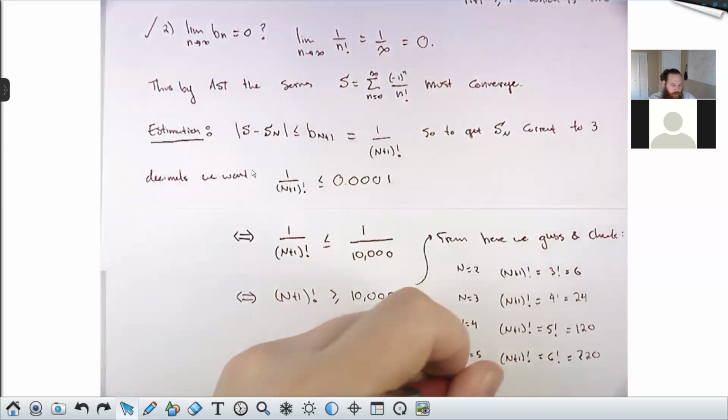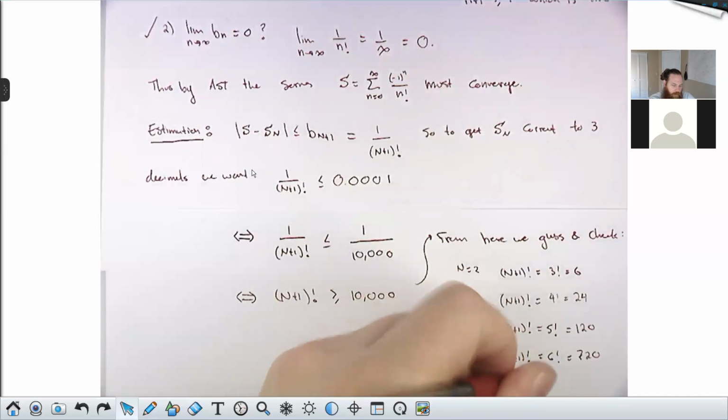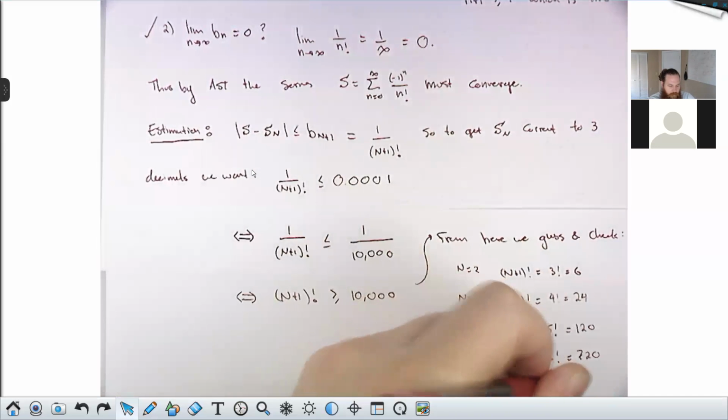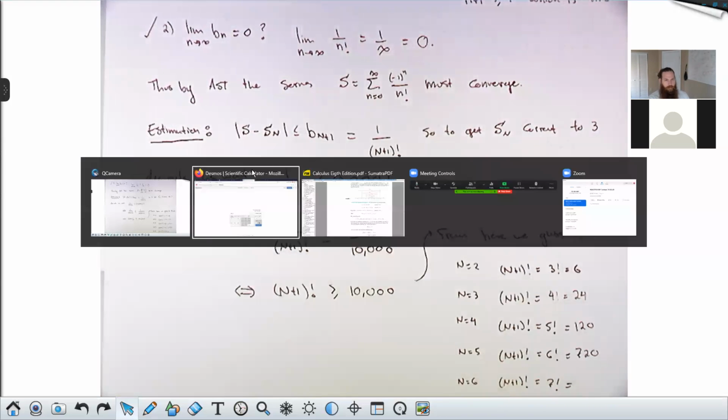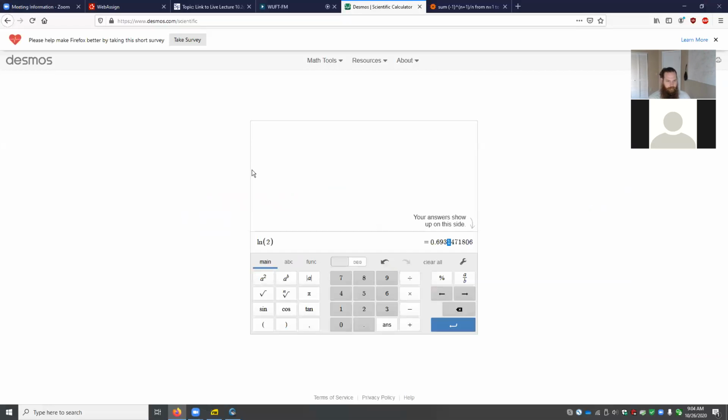But when N is equal to 6, then N plus 1 factorial is 7 factorial, and 7 times 720, we might be getting close there. Let's see. 7 factorial is 5,040, almost. So when capital N is equal to 7, then N plus 1 factorial is 8 factorial, and this should be large enough. Yeah, 40,320. Plenty big.